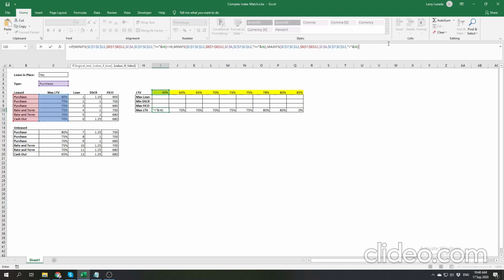Okay, so do MAXIFS, range, criteria range, our criteria range 2, right? And it should be less than 85%.